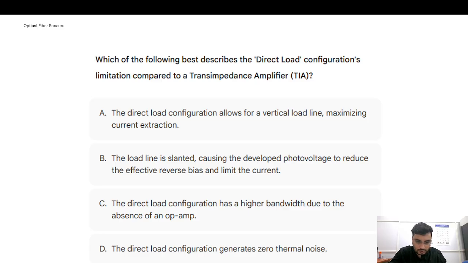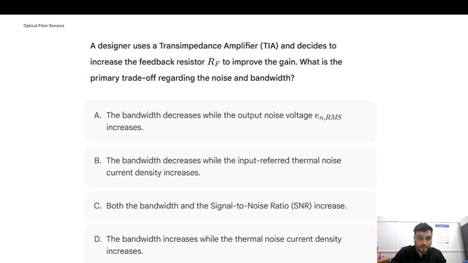Oh, I changed the question. Yes, so both the bandwidth and the noise will increase. That's correct.